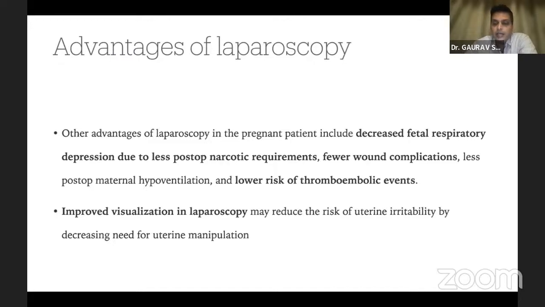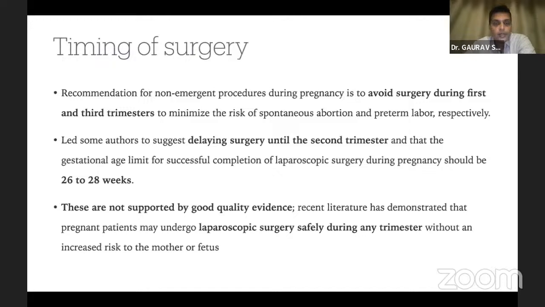So there is more reason to have a modality which shows you accurately what the pathology is. So there's less uterine manipulation needed, as opposed to say laparotomy, where we are constantly holding and moving the uterus around.